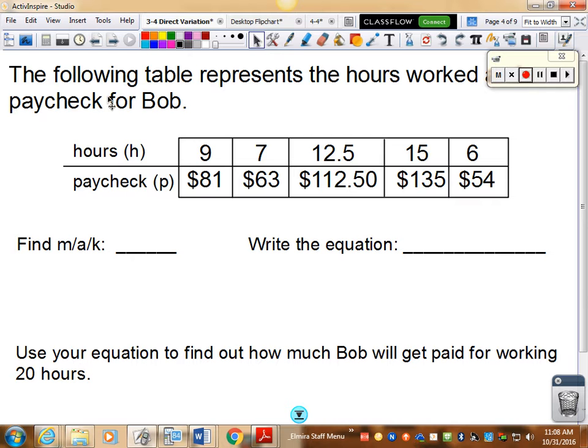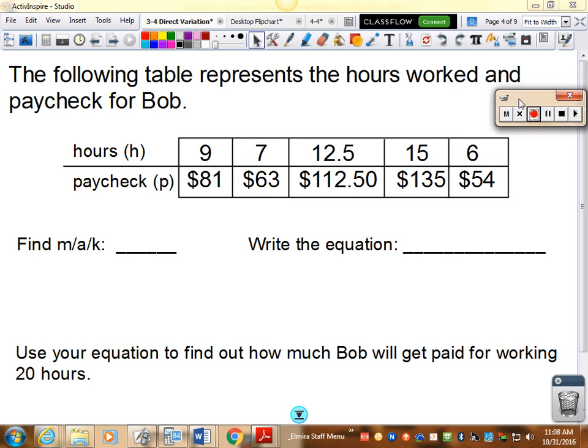The following table, this is not on the homework yet, last screen, and then we'll switch to homework. The following table represents the hours worked and paycheck for Bob. You're probably thinking, Bob probably knows how much money per hour he gets. Why are we having to figure that out?